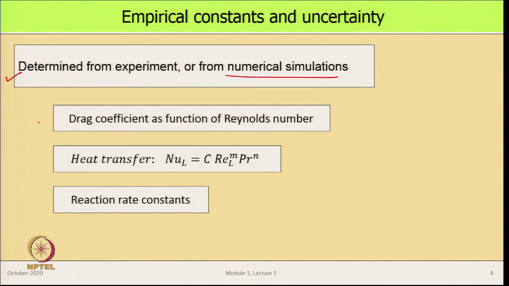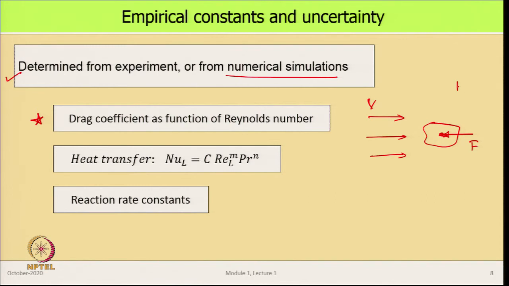So, examples of these, one is here, drag coefficient as a function of Reynolds number. We take some object, I have just shown an object there, it is experiencing some fluid flowing over it at a certain velocity v, and we ask what is the force that is keeping the object in place, which is equal and opposite to the force exerted by the fluid on this body.